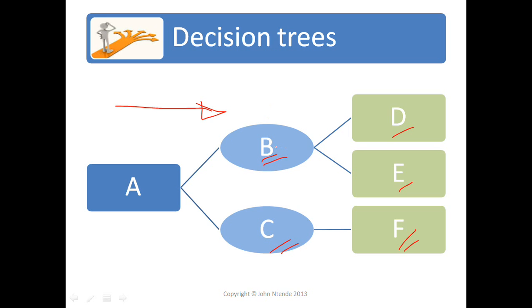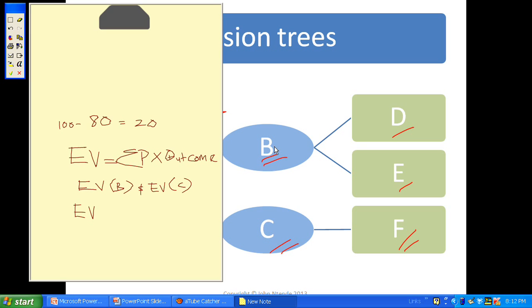So for instance, the expected value of B will equal the probability of D times the outcome of D plus the probability of E times the outcome of E. So that would be the expected value for B.